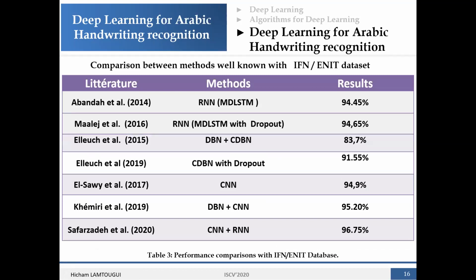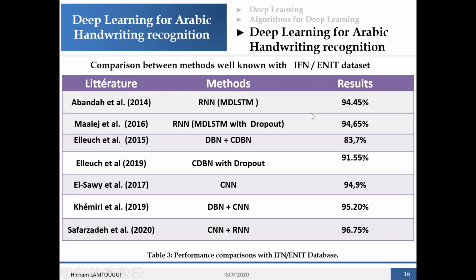Table 3 presents the results of the recognition of recently published systems on the dataset IFN-ENIT. We start by comparing the two works which propose a recognition system based on RNN, in particular multidimensional long short-term memory.